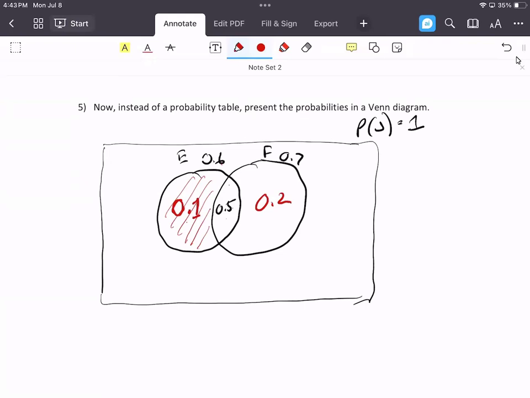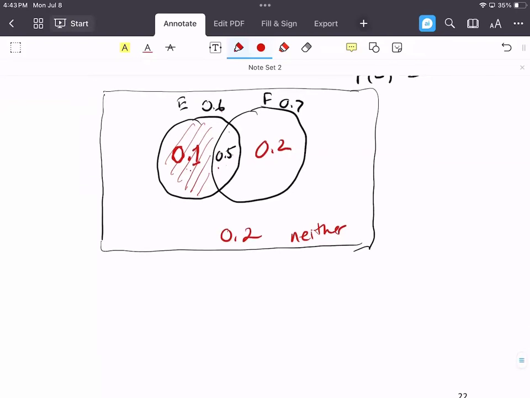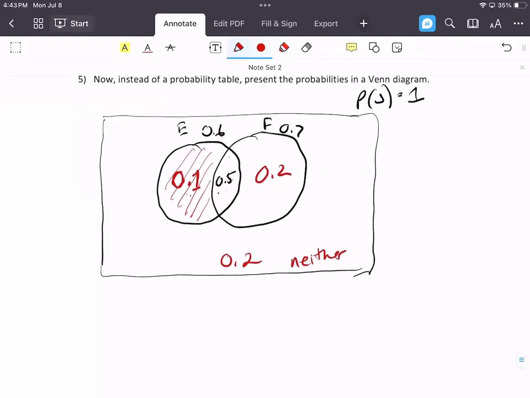What's the probability that I get into neither school? Well, I know inside the circles, I've got 0.1 plus 0.5 plus 0.2, and that ends up being 0.8. So what's left over is 0.2, and that's getting into neither. Remember, to be valid, everything inside here would have to total 1.0.